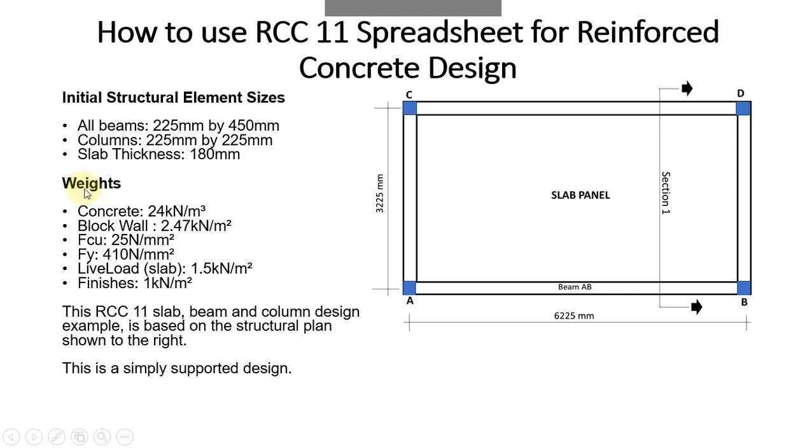The weights: concrete, 24 kilonewton per meter cubed; block wall, 2.47 kilonewton per meter squared. FCU, strength of concrete, is 25 newtons per millimeter squared. Fy, strength of steel, is 410 newtons per millimeter squared. Live load for the slab panel is 1.5 kilonewton per meter squared and finishes of 1 kilonewton per meter squared.